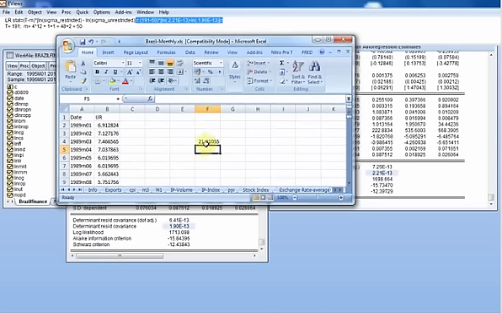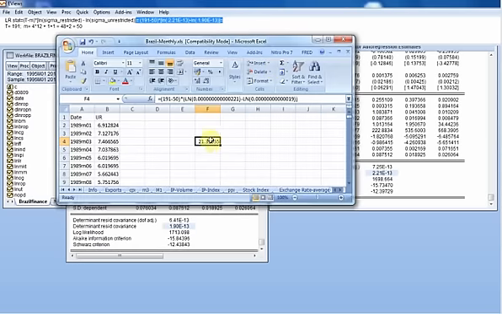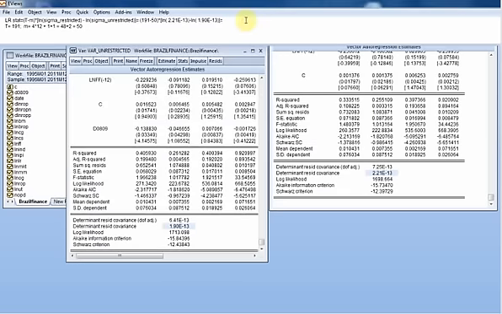Okay, so this is now my LR statistic here. I will copy this and put it here just in case we need it for the comparison with the chi-square table later, so that I don't have to go back to the spreadsheet again. So this is what we calculated for LR.